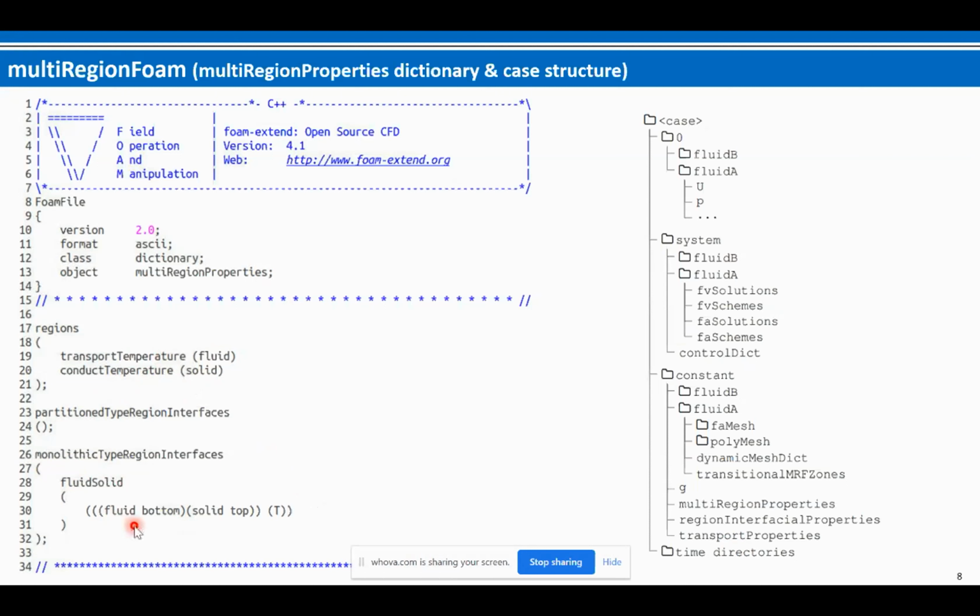It reads like this: from the fluid mesh, take the bottom patch and couple it with the top patch of the solid mesh with respect to temperature T. On the right side, you see the case directory, which is pretty much the same as the region structure that OpenFOAM follows. A note to make here is that all the utilities which have the region flag can also be used in this case. So it's the same structure that OpenFOAM usually follows.